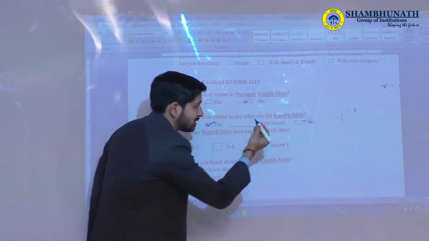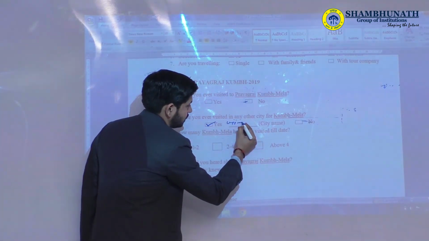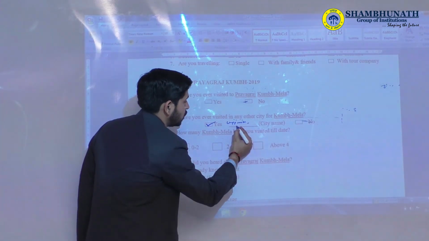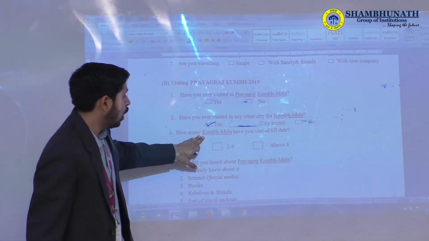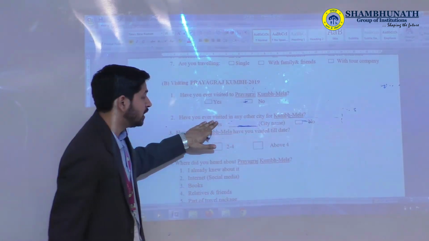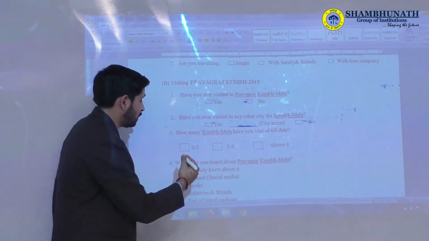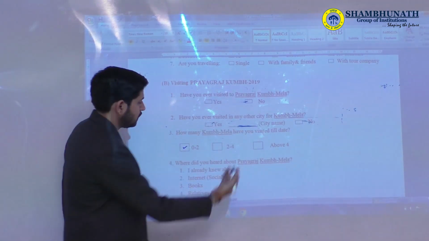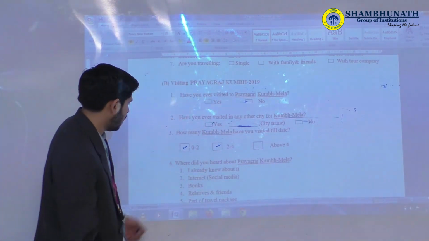That is why we mention the city names. That city may be Ujjain, Haridwar, or Nasik. Then, how many Kumbh Melas have you visited till date? First-timers pick this. Maybe someone picks 2, above 4 is rare.